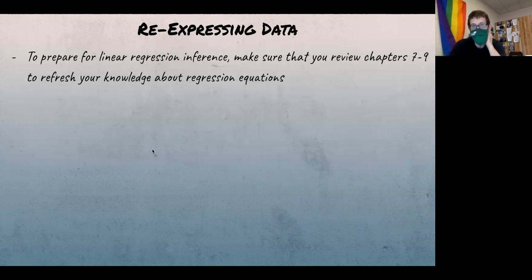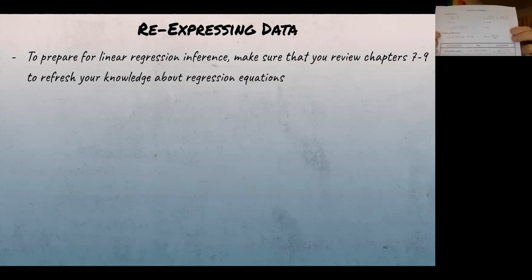What I encourage you to do is look over chapters 7 to 9, which was unit 3. Yeah, that's right. If you want to remind yourself about some of the things related to linear regression, like your regression line and the equation for the slope, remember that is on your formula sheet.